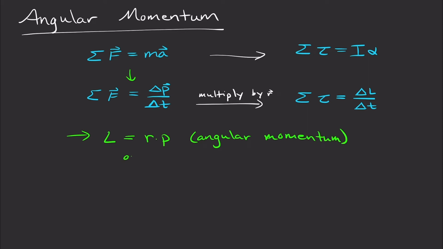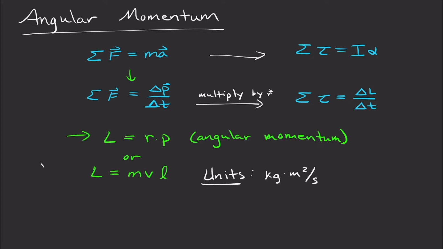Sometimes this may be written as L equals mvl, that's just our definition of momentum, mass times velocity, times l. So little l instead of r, but it's just a distance, in the same way that you have r, some distance from the axis of rotation for all your other rotational quantities. So our units of angular momentum are kilograms times meters squared per second.